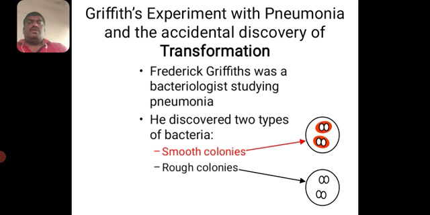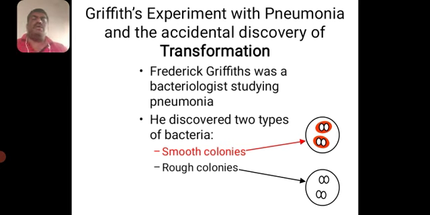The second strain was the rough strain, or R strain, and these strains are not disease causing, or non-virulent, because they are without any kind of capsule or polysaccharide. So, no capsule. The colonies of this strain are rough. A smooth colony and a rough colony, S strain and R strain.